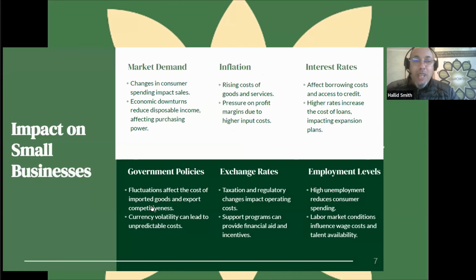Okay, so we've discussed a few of these. We're going to go into a little bit more detail. We've said market demand has changed, with consumer spending impact, right? Economic downturn and reduced disposable income. So if there's very, very little money, people are not going to build up stock.